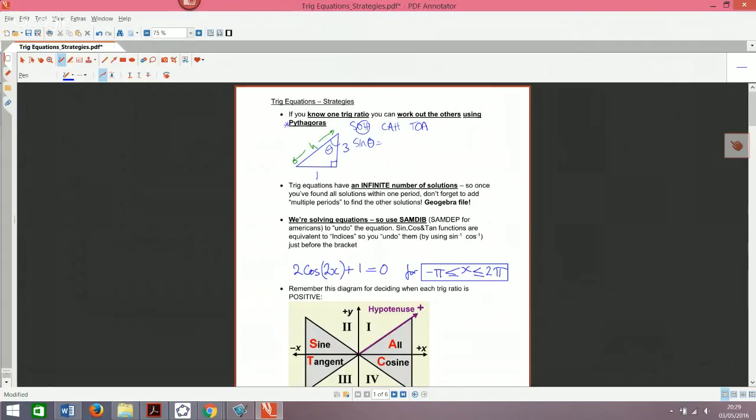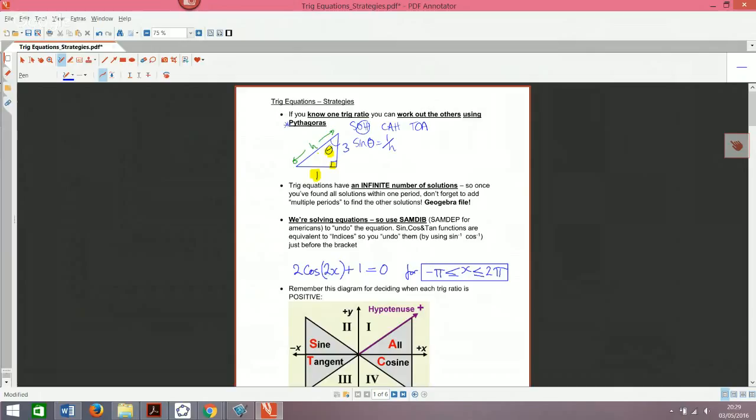Well, what's opposite theta? So if we're working with theta, it's this side here that's opposite theta, the 1. And the hypotenuse is always the side that's opposite the right angle. Okay, so that's h. We don't know h, but we do know the opposite's 1 and the hypotenuse is h. Could we work out h?